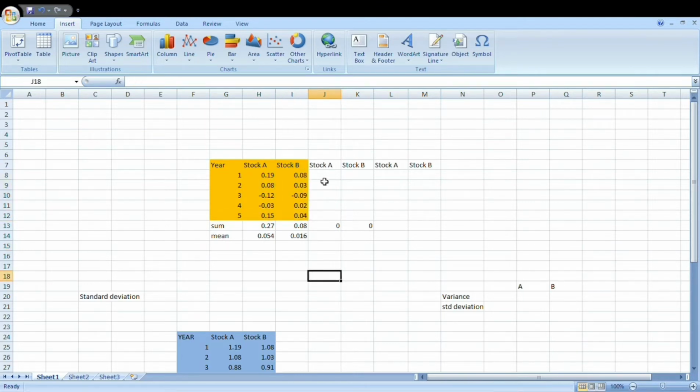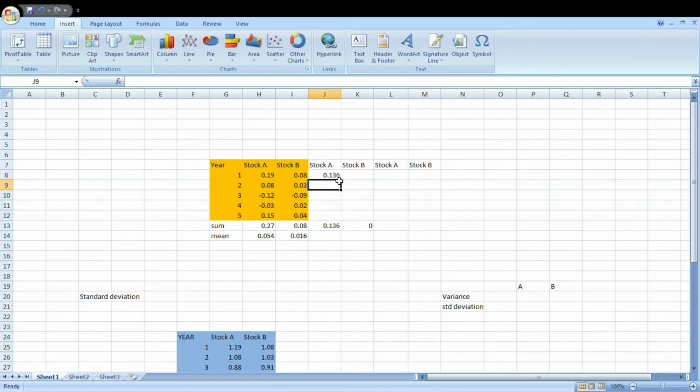For finding the difference value of stock A, we simply type the equal sign, then the first value of stock A minus the mean value, which is 0.054. We simply add the dollar sign on both sides of the mean value just to lock the cell, so we can get the right answer for all the remaining values.